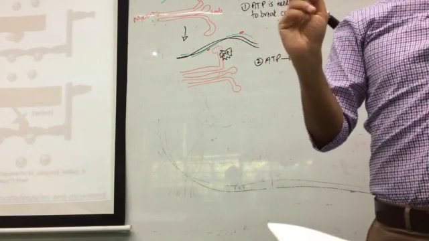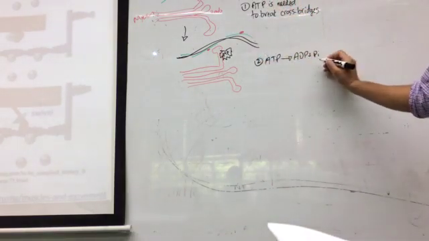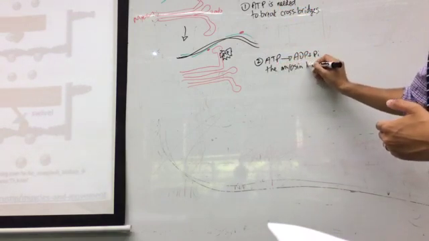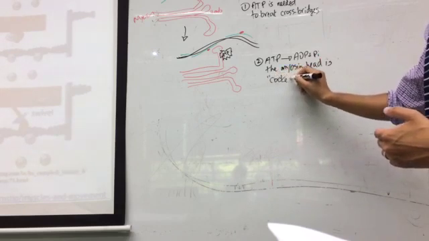I know this doesn't look like flexing, but it is kind of like flexing. So when this is broken apart, the myosin head is cocked.